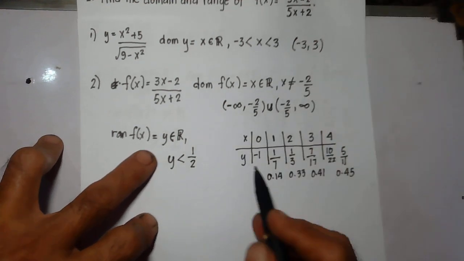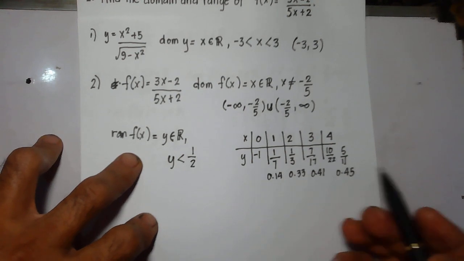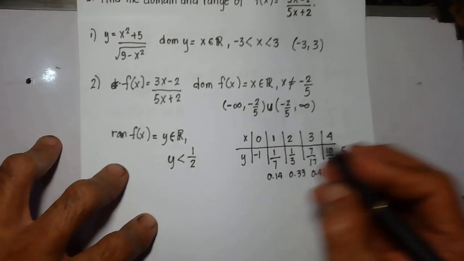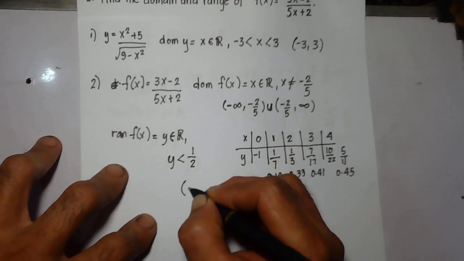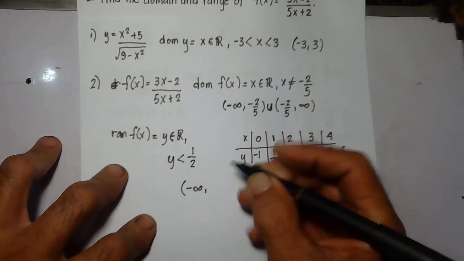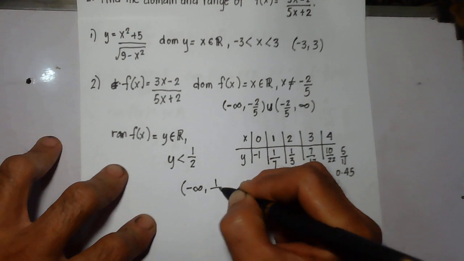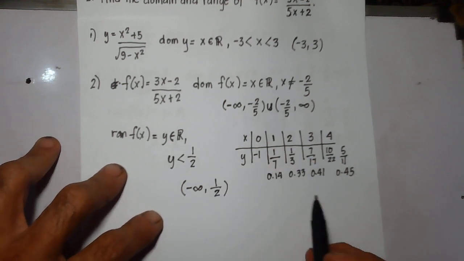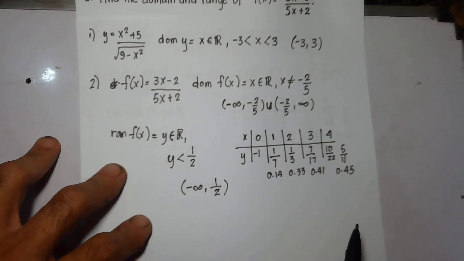Y can be negative, right? Because we have here a negative 1. Okay? And so by interval notation, we write negative infinity, comma, 1/2. So this is the interval notation for the range of f of x. Okay, that's it.